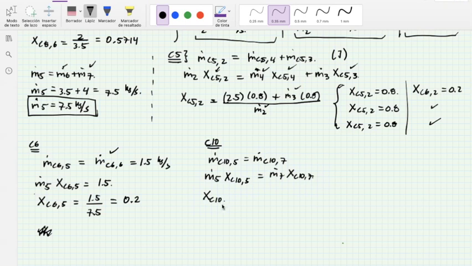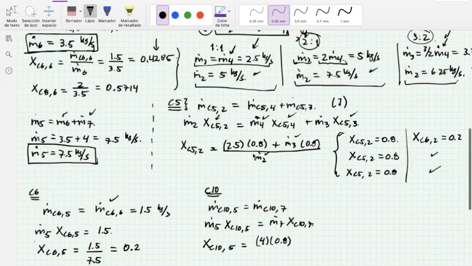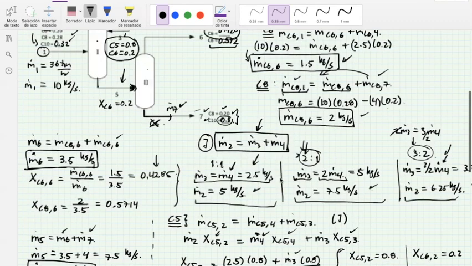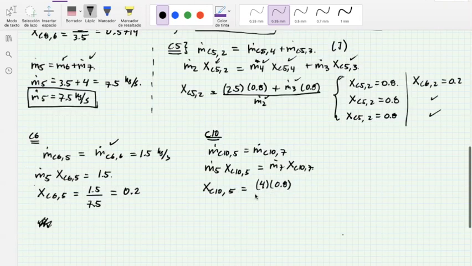Therefore, C10 5 is going to be equal to M7, which, maybe you remember, was 4 kilograms per second. C10 7 is just what we wrote back. Okay, it was already written here. So this one is the composition at stream 7 divided by the mass flow at 5, which I already got from here. So this one is going to be 7.5.